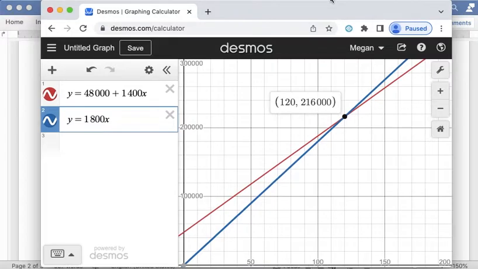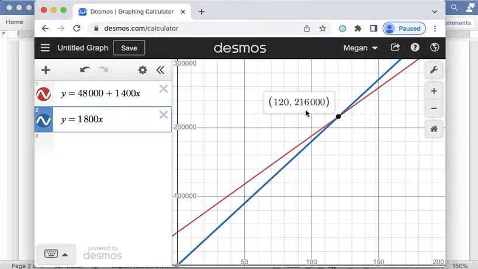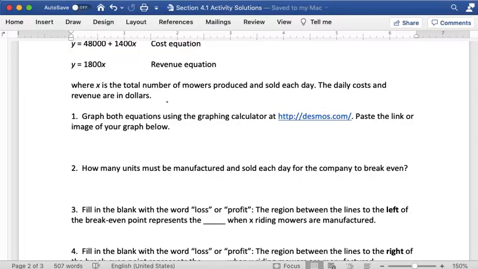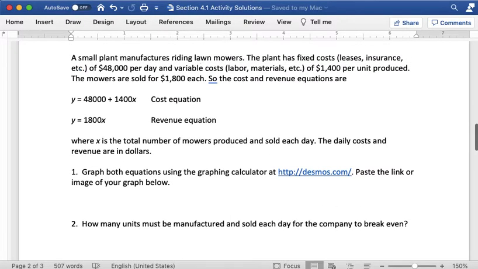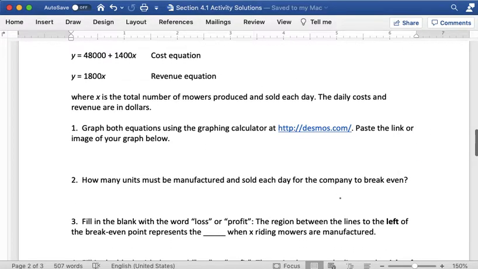And the question is how many units must be manufactured each day for the company to break even. So remembering that in my equation, x is the total number of mowers produced and sold each day, and then the y is the amount in dollars for the cost or the revenue. So I'm looking for the x coordinate for how many mowers or units must be manufactured each day to break even.